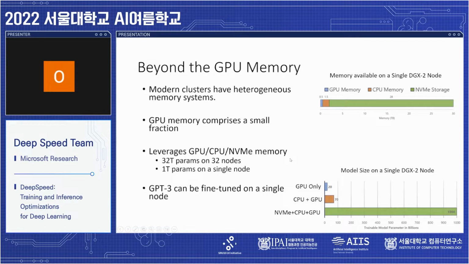So we want to leverage all of the heterogeneous memory that's available there. If we're able to do this, it enables us to run a 32 trillion parameter model on 32 nodes, or run a trillion parameter model on a single node. This also helps us if we want to do fine tuning. Now we can fine tune a GPT-3 on a single node by leveraging the NVMe memory, the entire heterogeneous memory available on the system.